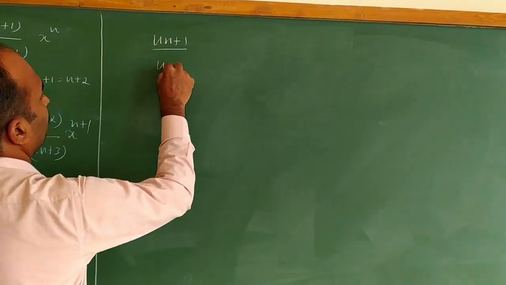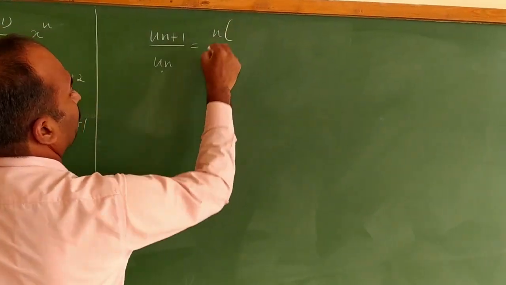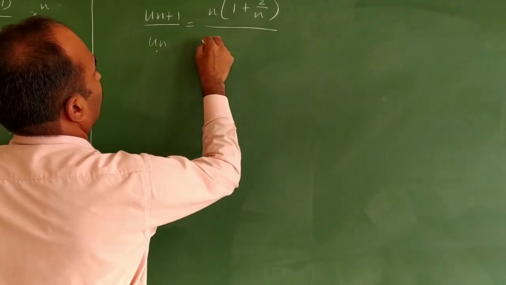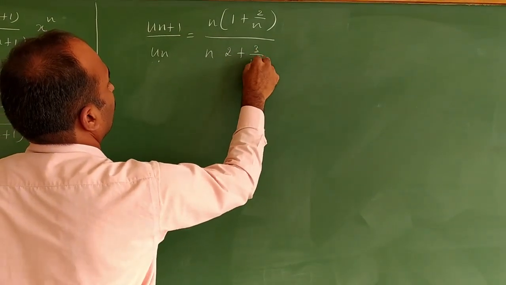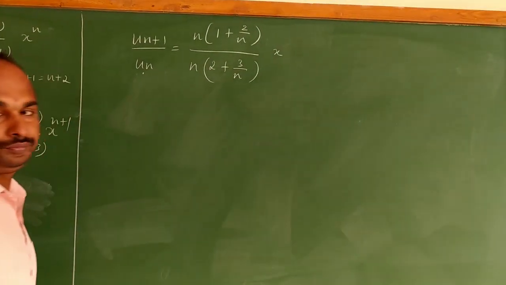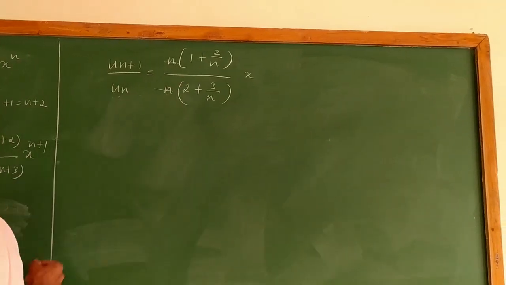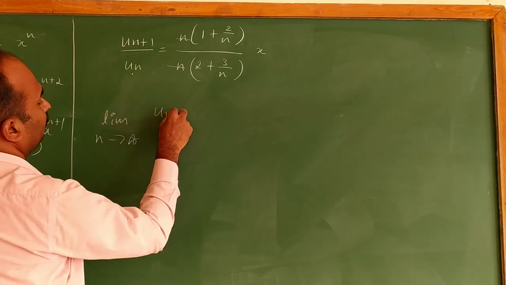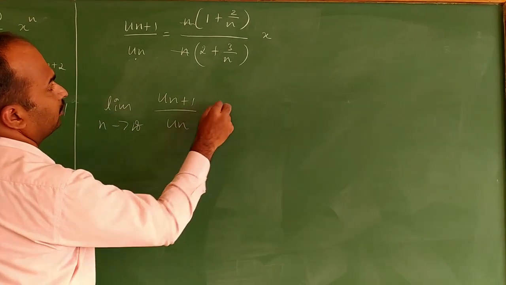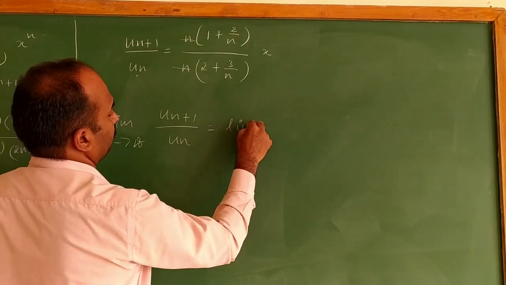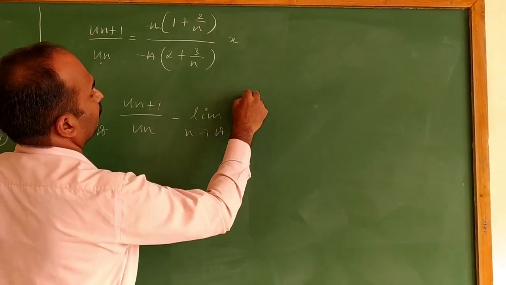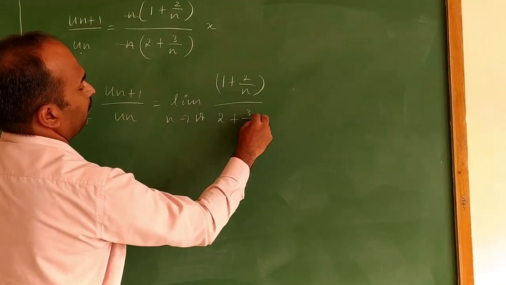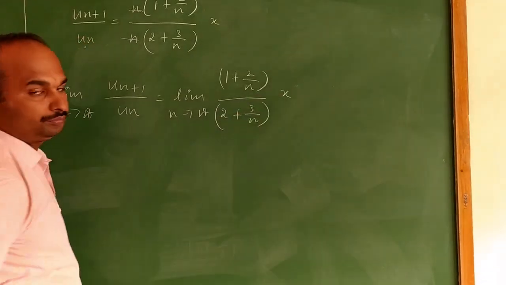So therefore, un plus 1 divided by un will be, if I take n common, we will get 1 plus 2 by n, and if I take n common, 2 plus 3 by n into x. So here n will get cancelled. I will take the limit on both sides. Limit n tending to infinity, un plus 1 divided by un is equal to limit n tending to infinity, 1 plus 2 by n divided by 2 plus 3 by n into x.